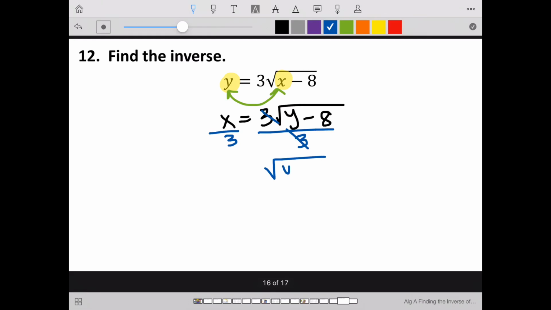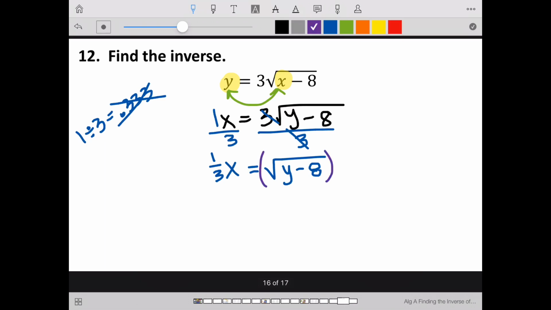So the square root of y minus 8 equals, 1 divided by 3 makes 0.333. We do not want decimals, so I'm going to go 1/3 x. And now to get rid of my square root, I need to square my problem.